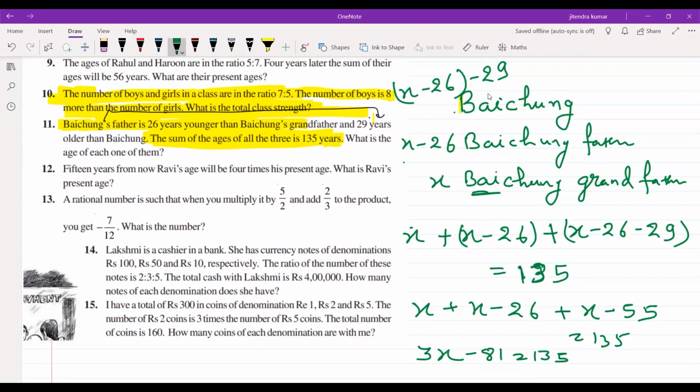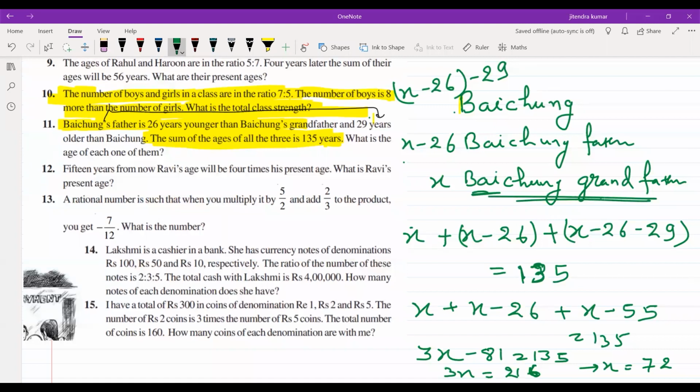So 3x will be equal to 135 plus 81, which gives 216. So x will be equal to 72. Yes, x is equal to 72. So that is the age of the grandfather.